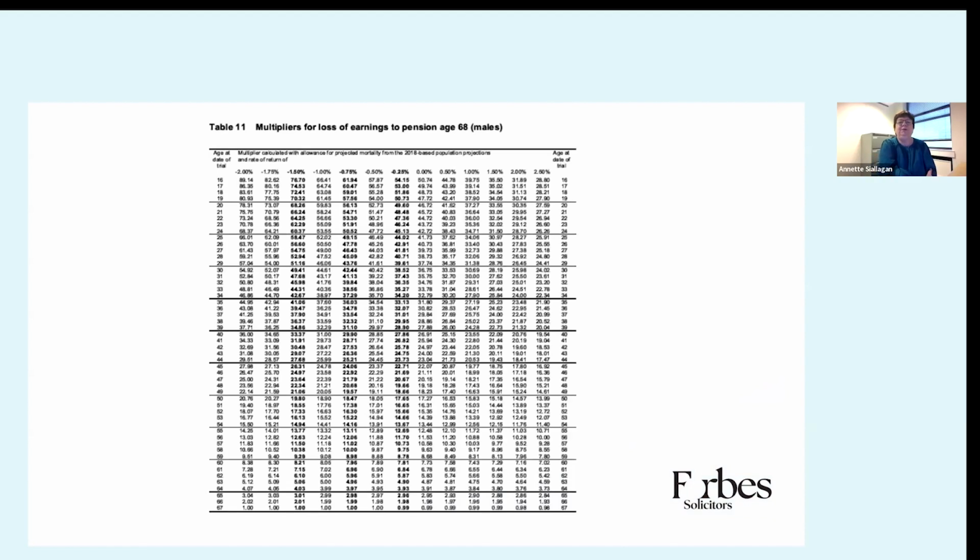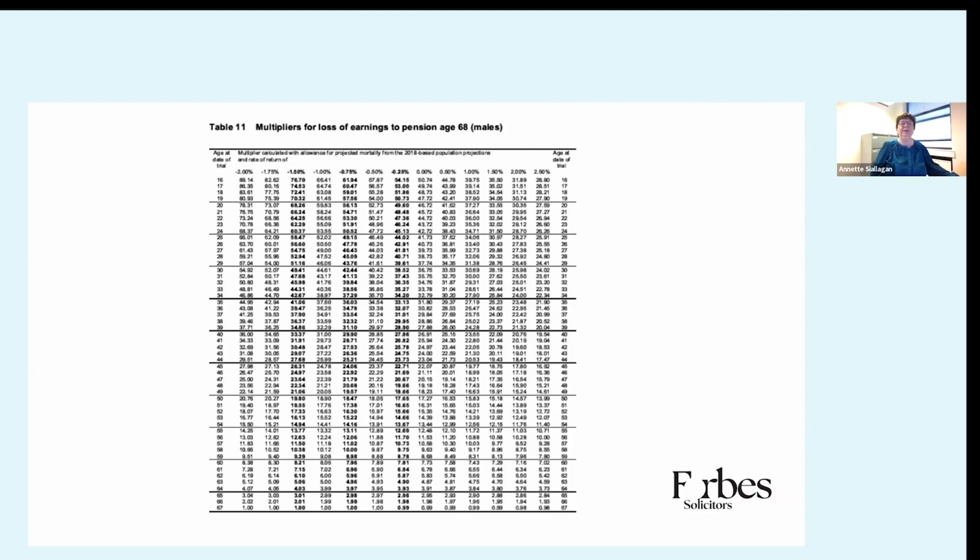So I'll just put up on the screen table 11, for example, just as an example. The tables, tables 1 to 34 anyway, are set out with a table for males and a table for females. So in this case, you've got multipliers for loss of earnings to pension age 68 male.